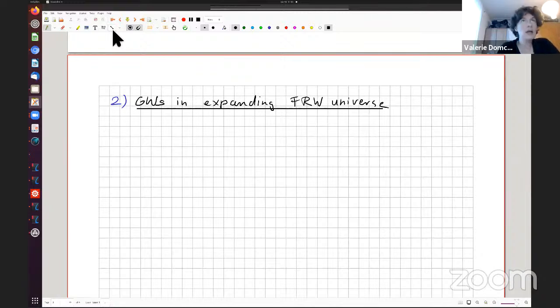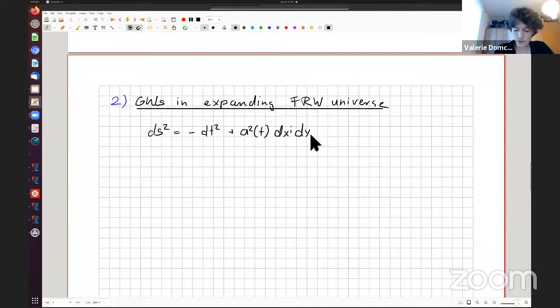And so now essentially what we're saying is, okay, we're in an expanding universe. So our background metric is not actually just a flat Minkowski metric, but at the very least, we have to factor in that we have an expansion of space. So the metric that we'll now be using is minus dt squared, and then the spatial components are multiplied by the scale factor, which is a function of time, and in particular grows over the history of the universe.